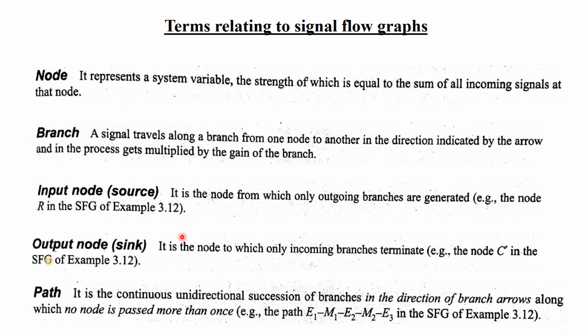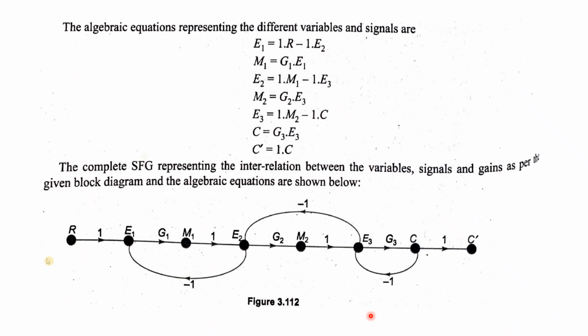Now what is a path? A path is a continuous unidirectional succession of branches in the direction of the branch arrows along which no node is passed more than once. If you see this particular path, this is E1, M1, E2, M2, E3. This is a path.